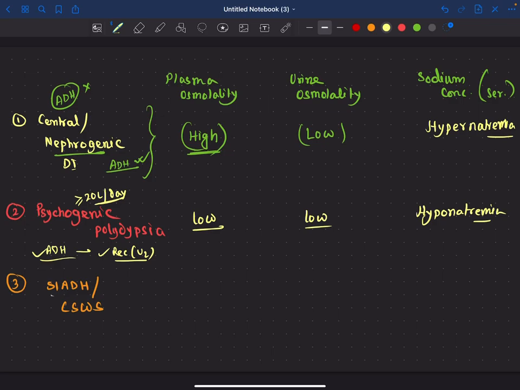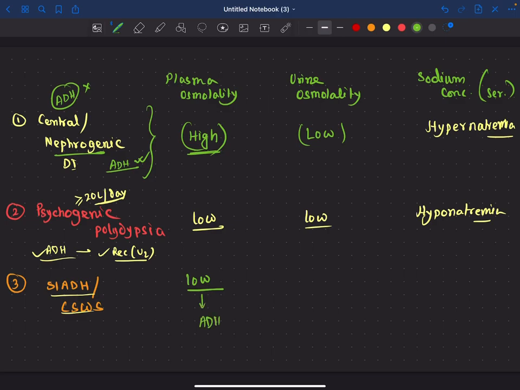Now in case of SIADH and CSWS, SIADH means syndrome of inappropriate ADH secretion and CSWS means cerebral salt wasting syndrome. So in both the cases the thing will be the same. In SIADH, syndrome of inappropriate ADH secretion, that means in spite of having a low plasma osmolality, your ADH is still secreting.